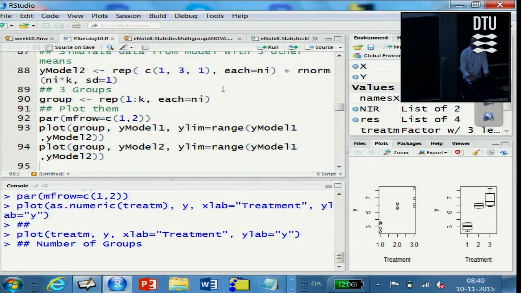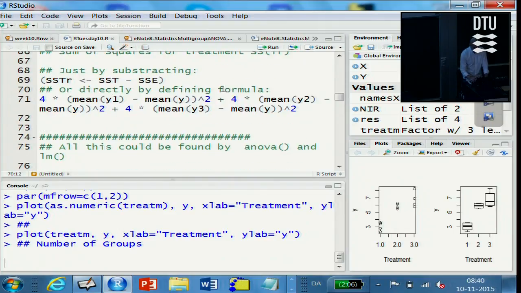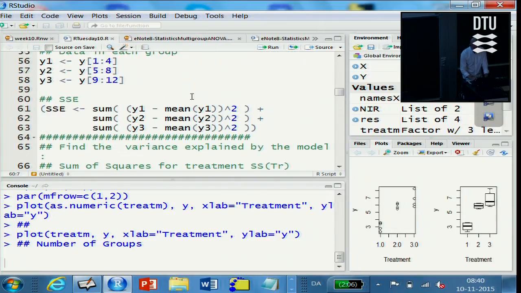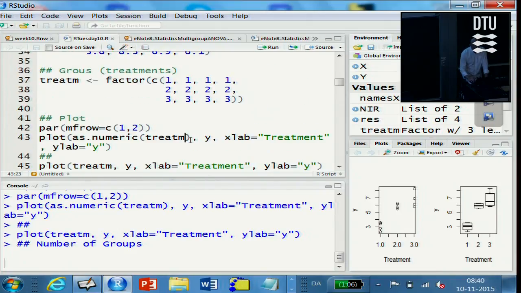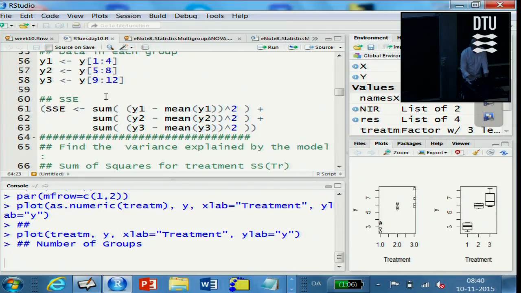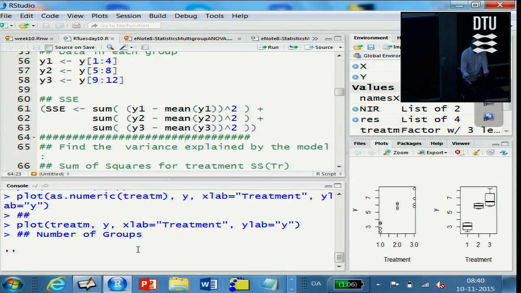Here they were supposed to come. I have some hidden things in this. I'm just going to close down.